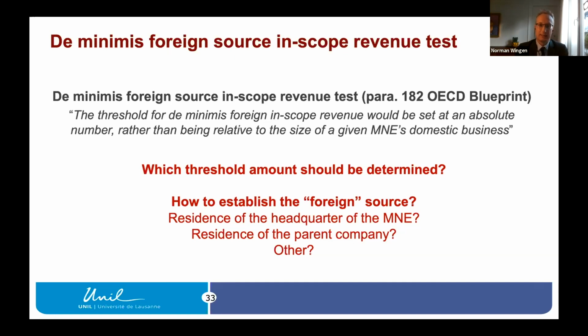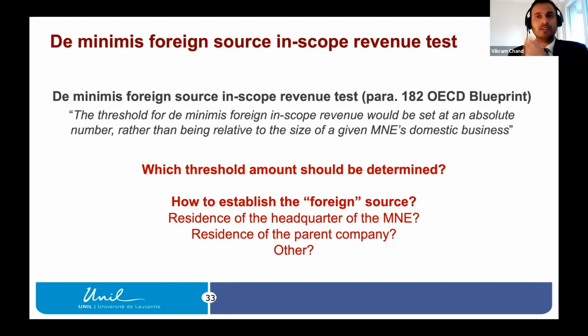And then this foreign source in scope revenue test should be applied after applying the revenue sourcing rules, which are allocating the revenue to the market jurisdiction or where the user is. So that's, I think, an important point which we have to take into account, which sometimes gets lost.